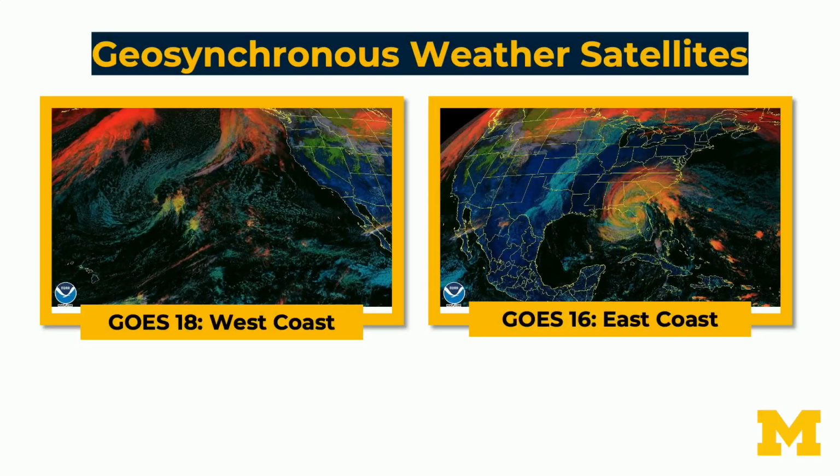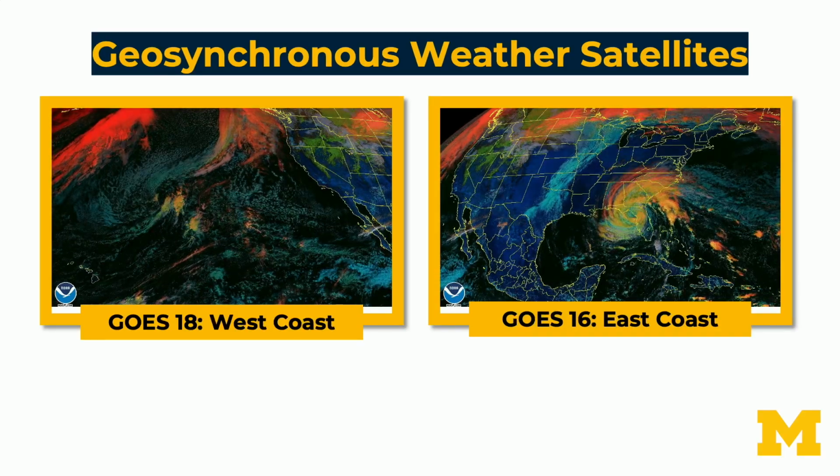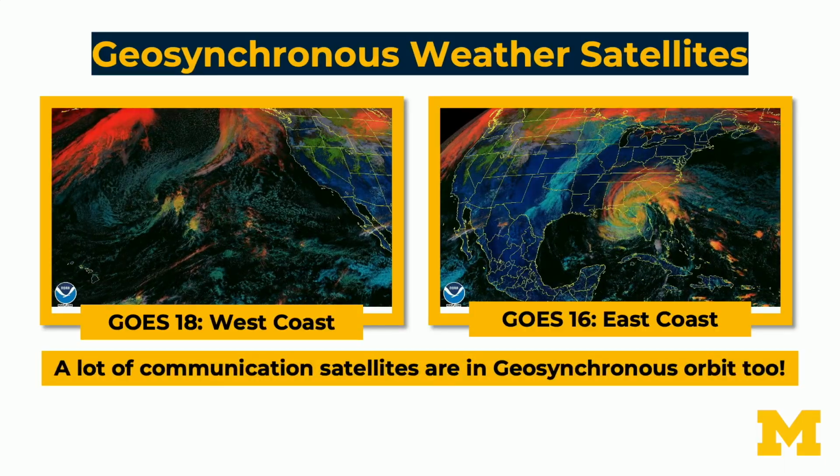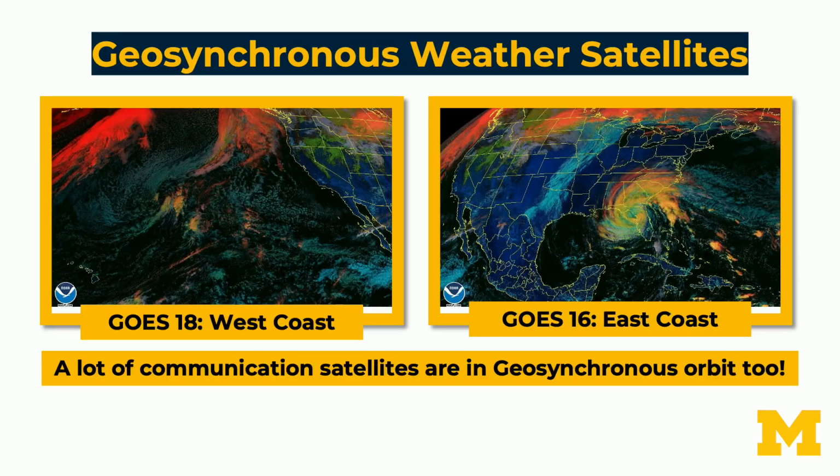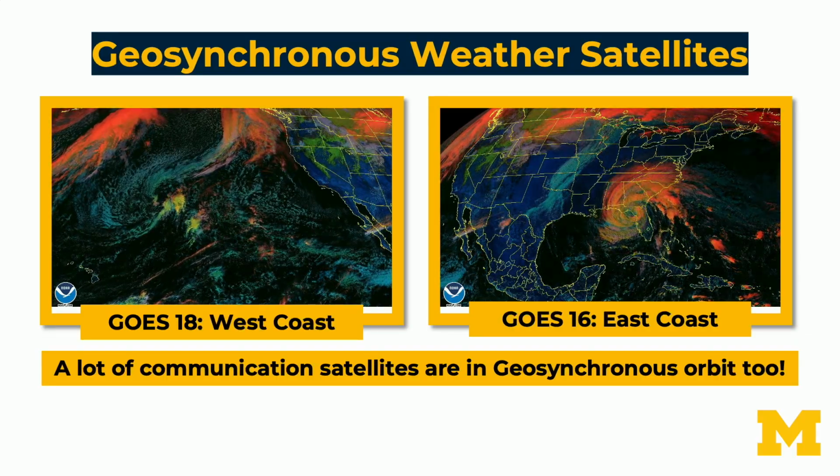And they take pictures in different wavelengths, which tell you different things about the weather. And you can see this hurricane that has hit Florida here and is moving up in the Gulf of Mexico. There are also a lot of communication satellites in geosynchronous orbit because they basically stay over a fixed position, and so you can communicate to a place on the Earth all of the time.